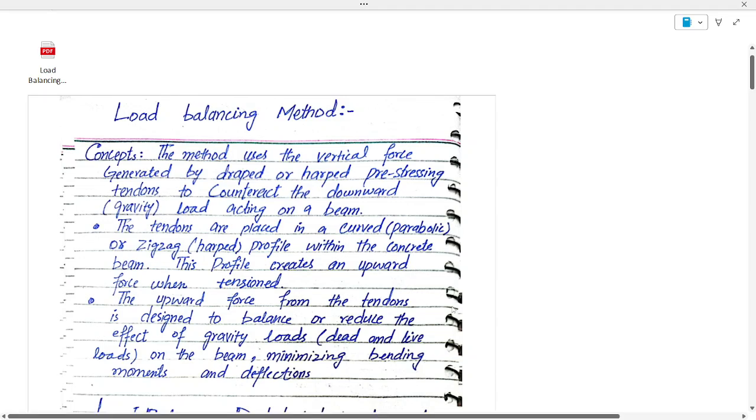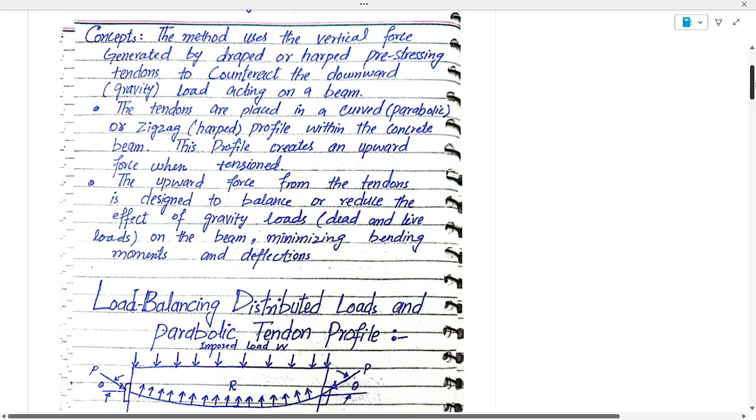The method uses the vertical force generated by the draped prestressing tendons to counteract the downward load acting on the beam. The tendons are placed in a curved parabolic profile within the concrete beam.